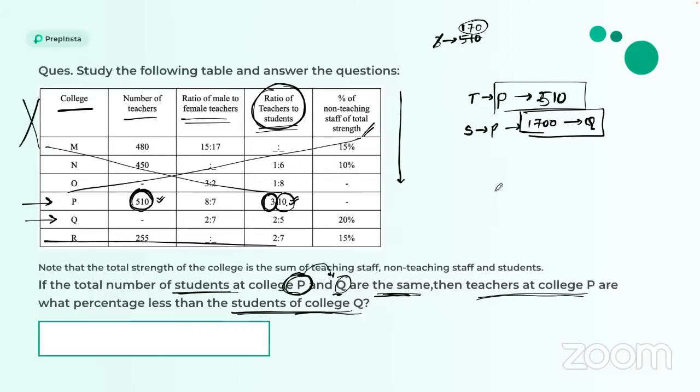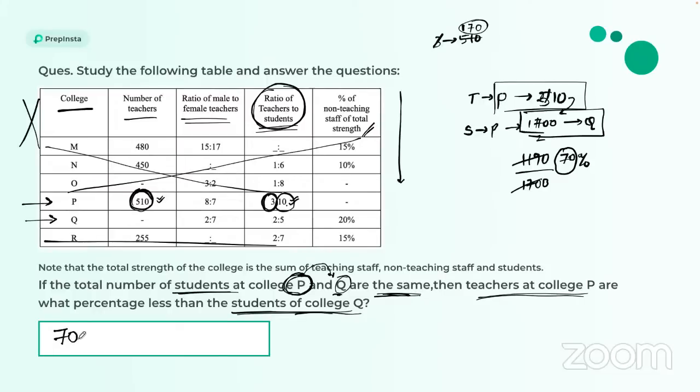Right? So just look into the next concept, which is how much less. If you subtract 510 from 1700, the difference is 1190, divided by 1700. So exactly 17 will cancel 119 seven times. So the answer is 70%. You need to write 70 in the box.